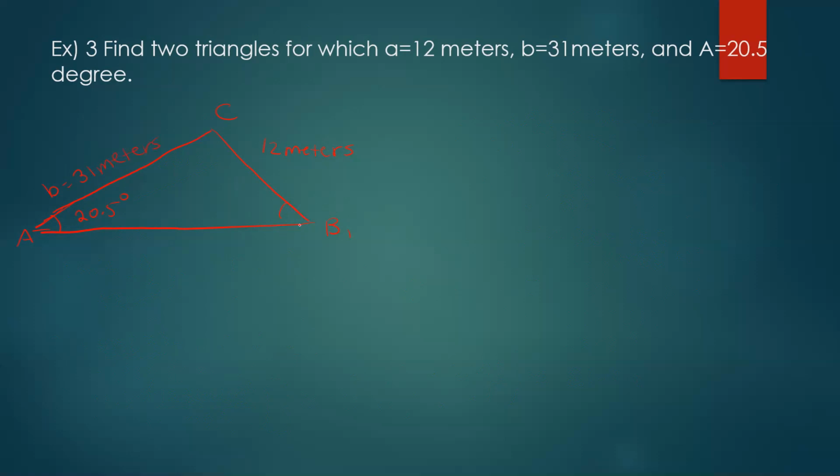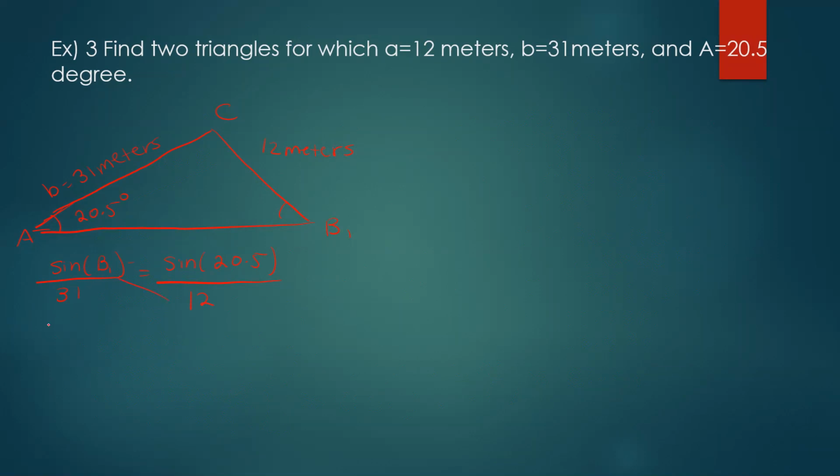So let's find B1. We could say sine of B1 over 31 equals sine of 20.5 over 12 meters, right? 20.5 goes with 12 meters.